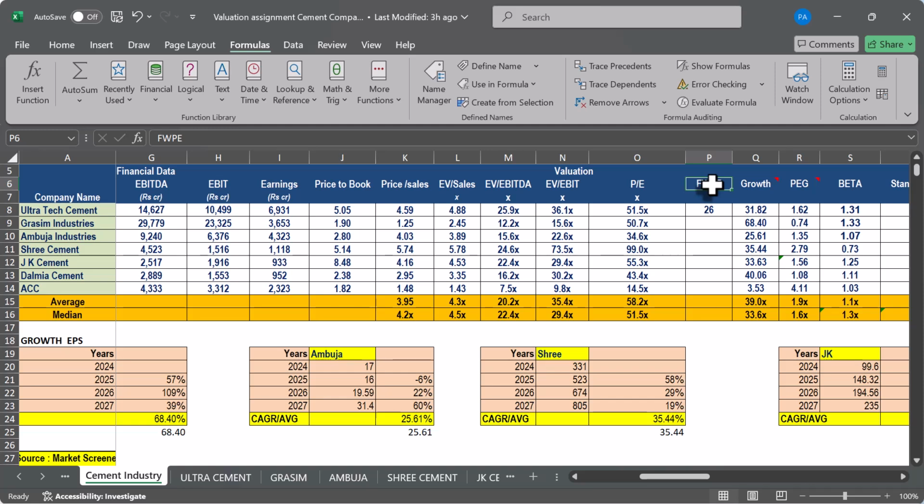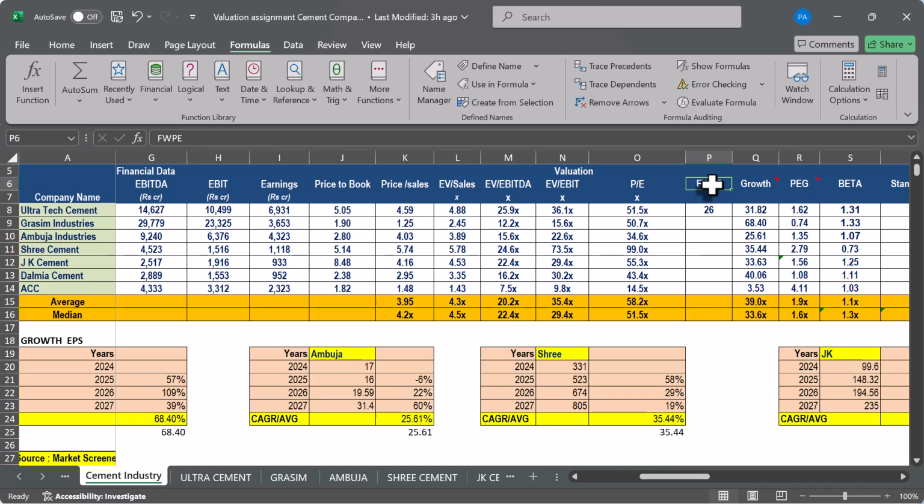So sometimes we calculate the forward PE ratio, 1 year forward or 2 year forward. Of course, this is not a very good measure, because if you take a 2 or 3 year forward ratio and try to assess, if all these estimates are going to be true, then we can say the company may not be so highly valued. It may look highly valued today because people are buying. Why are people buying?